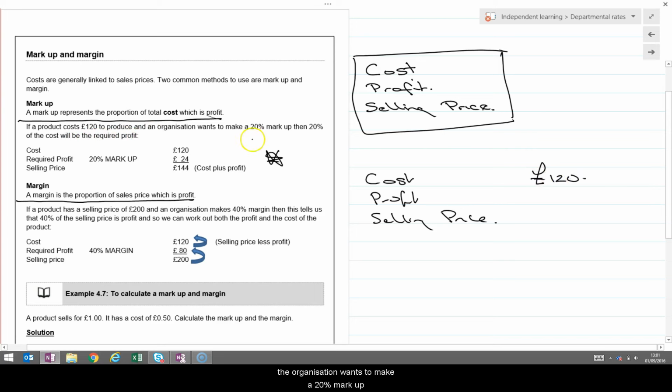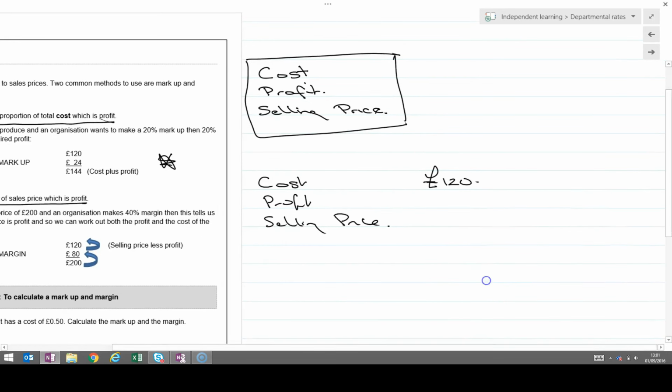An organisation wants to make a 20% markup, so the profit is 20%, but it's a markup, so that's 20% of cost. So 20% of £120, so that means we must be selling it for 144, what it cost plus the profit we want to make.